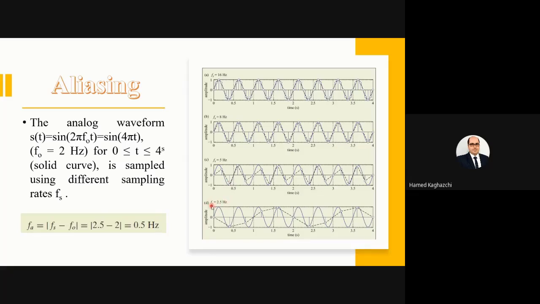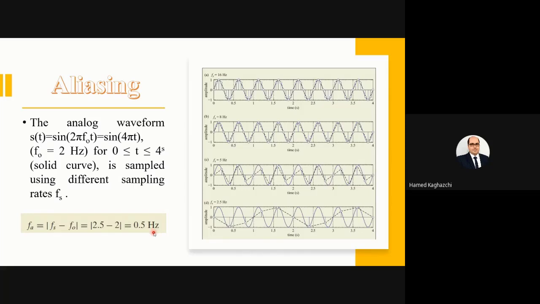If I select Fs 2.5 Hertz, what happens? This frequency is less than 4 Hertz, less than twice the maximum frequency of the analog signal. It means that I will have alias frequency. What is the value of the alias frequency? 2.5 minus 2 will be 0.5 Hertz.